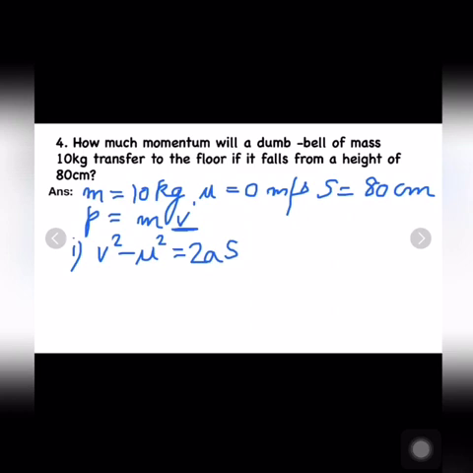Only this equation has all the necessary things which are given in the question, and you will easily find out the value of v. So v square you have to find out. u is given to you, 0. 2 multiply by a. a is downward acceleration, or acceleration due to gravity, and the value of a is 10.